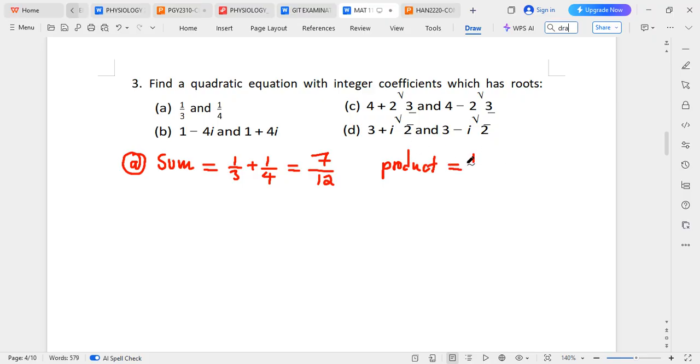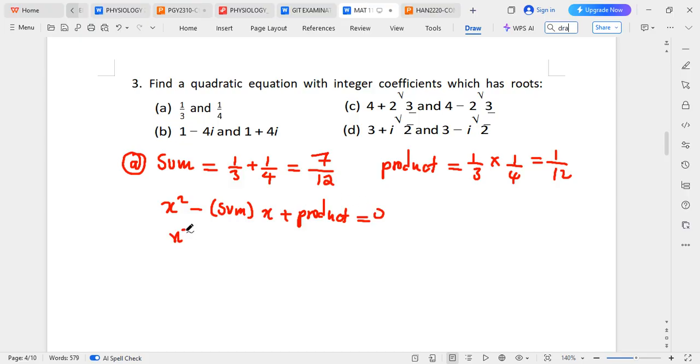The product again 1 over 3 times 1 over 4. This is 1 over 12. So the way you find the equation is given by x squared minus the sum of the roots multiplied by x plus the product of the roots is equal to 0.